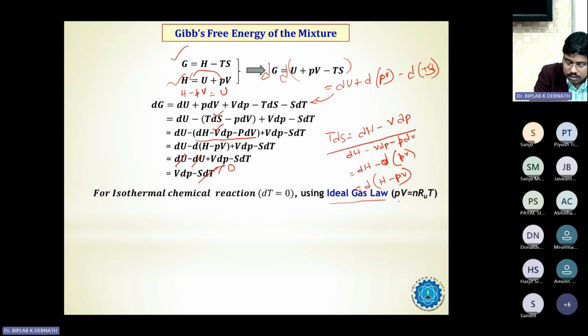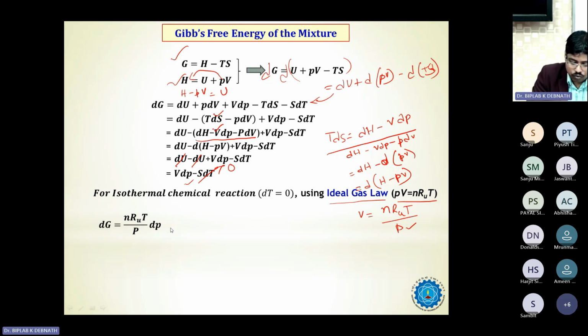From the ideal gas law, PV is equal to nRuT, so V is equal to nRuT by P. We write it like this because we want to bring P into this equation so we can do the integration. For an isothermal reaction dT is 0, so dG is equal to nRuT by P into dP.